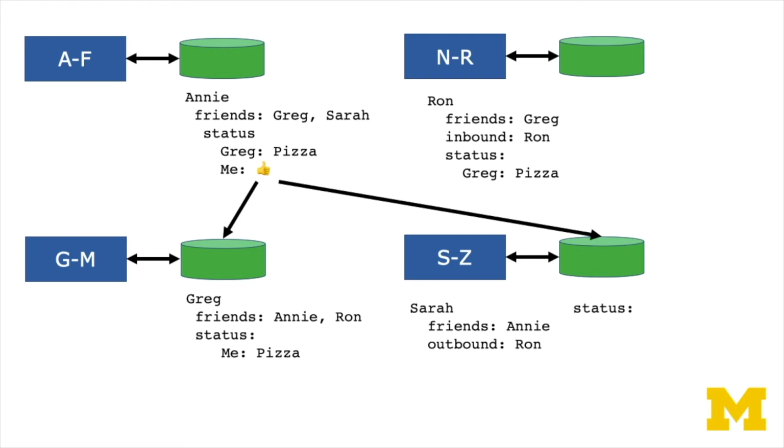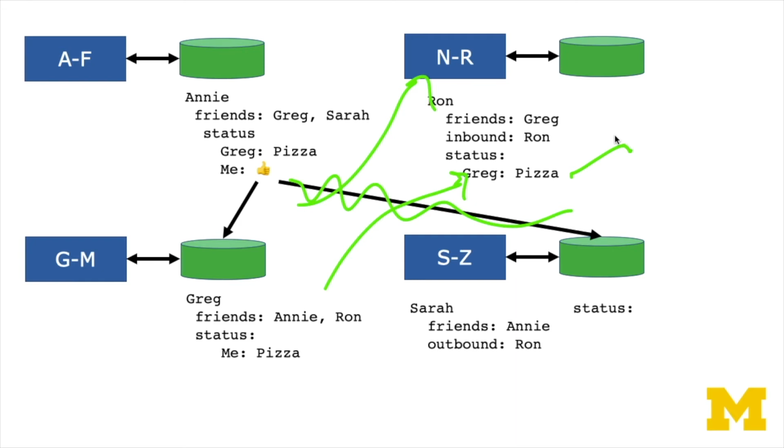Oh, wait a sec, we probably should have sent that to Ron, because Ron actually is also a friend of Greg, but has Ron blocked Greg? So you see the problem, right?